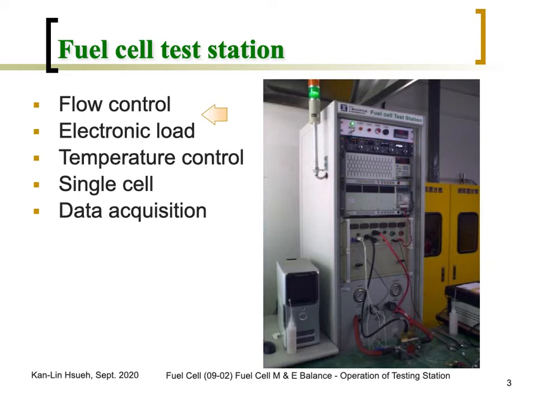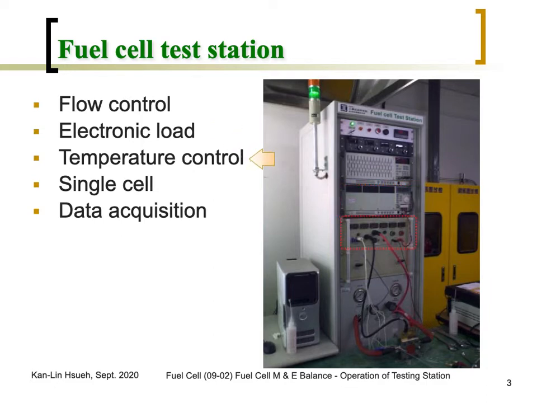And then second is the electronic load. The electronic load lets you control a constant output load, or constant current, or constant voltage. It actually acts like a load to consume the output power generated from the fuel cell. And then the temperature control.